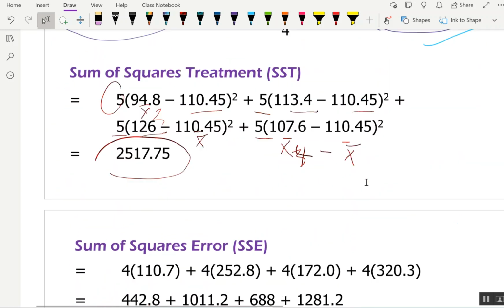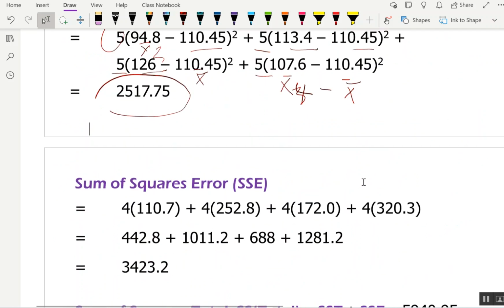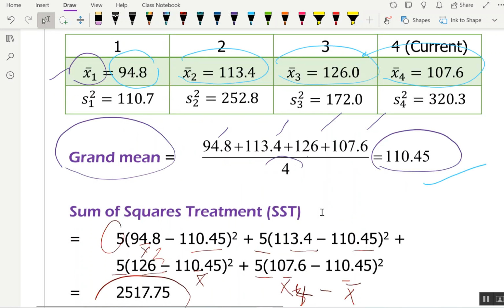So they multiply by the variance for each of them: here they have the variance for group 1, variance for group 2, variance for group 3, and variance for group 4, times the group sample size. This is SSE. If you can see here, the variances for each group. So how do they get the variances? How do we calculate the variances, class? Still remember? We use the formula.